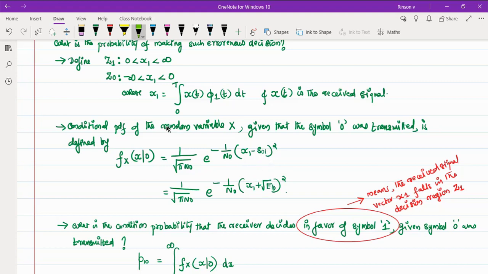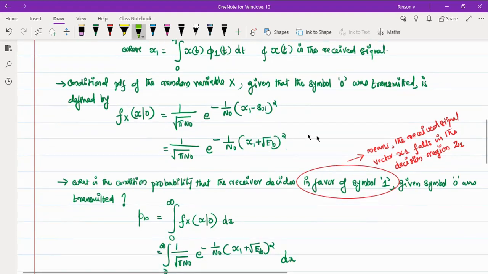Now what is the conditional probability that the receiver decides in favor of symbol 1 given symbol 0 was transmitted? That is, the received signal point x1 falls in the decision region Z1. I transmitted 0, so this is the conditional PDF of X if I transmit 0.